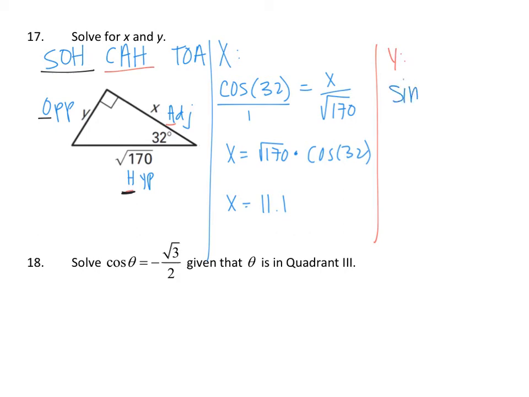So sine of 32 equals y over the square root of 170, and then put this over 1. Our work is going to look very similar, but now it's just sine instead of cosine.